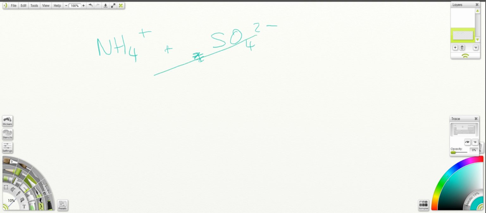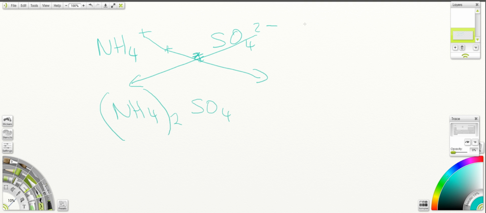All you're going to do, guys, is cross over the numbers exactly the same. So the question is, how many NH4s are you going to have? You're going to have 2 because you're crossing this number over to this side. So it's NH4. Now you have to do brackets because this is telling you you're going to have 2 lots of NH4. And how much SO4 are you going to have? You're going to have 1 because that number's coming over here. So it's SO4.